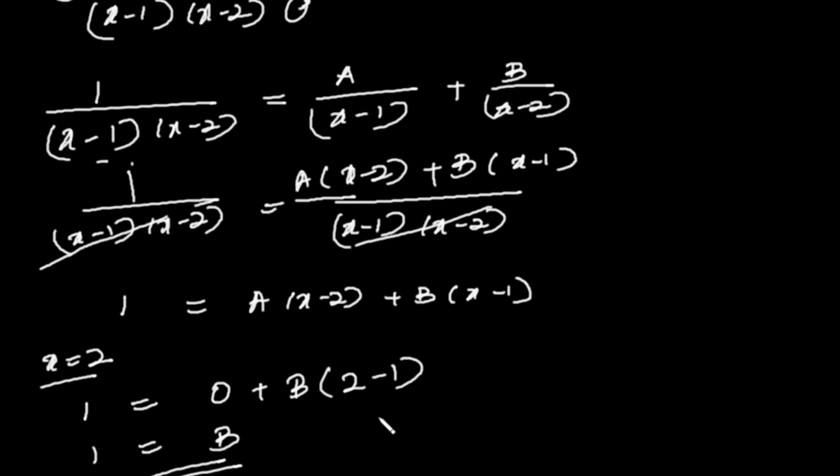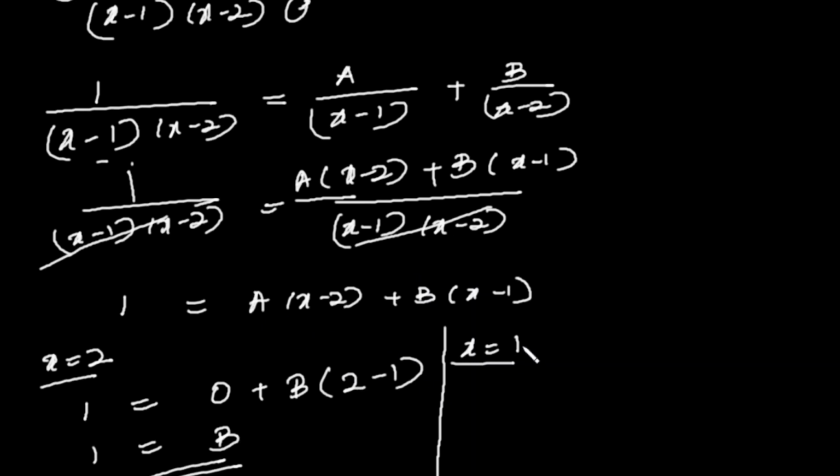Now we have the value of b, then we need to find the value of a. I can do the same thing to find the value of a. I can substitute x equals 1, because if we substitute x equals 1, the b part will become 0, so we can find the value of a.